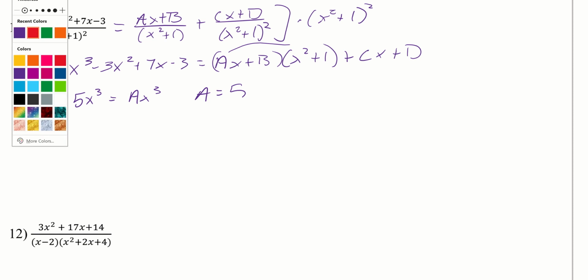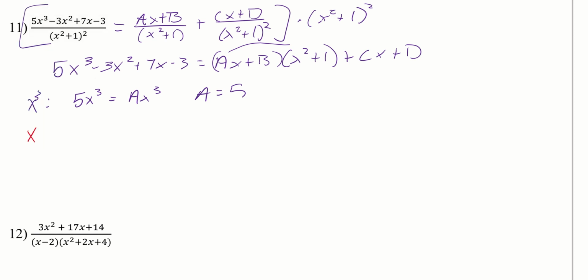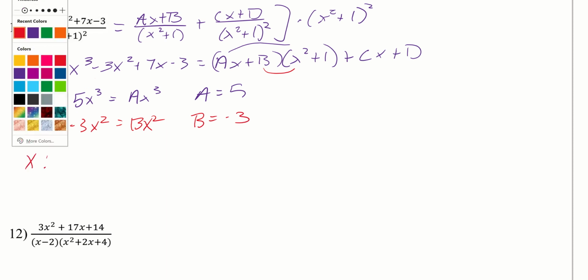If I do the squareds, I end up with negative 3x squared is equal to, no x squareds from a, but I would have bx squared. And that's only x squared. Okay, so b is equal to negative 3. Now our x, I'll change colors here.